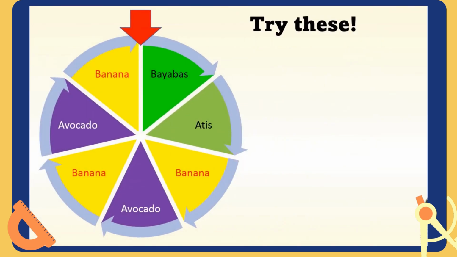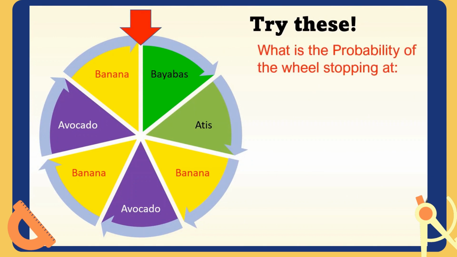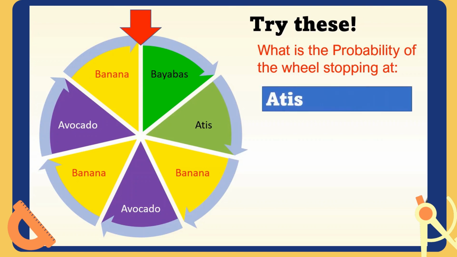Okay, so ngayon, subukan nating sagutin ito. Let us try this. So what is the probability of the wheel stopping at Atis? So napapansin nyo meron tayong 7 dyan. So 3 banana, 2 avocado, 1 bayabas at 1 Atis. So anong probability na hihinto ang ating wheel sa Atis?